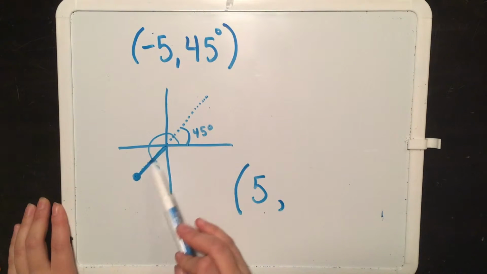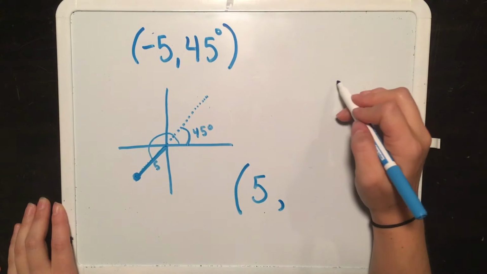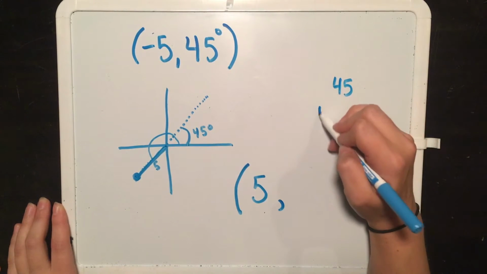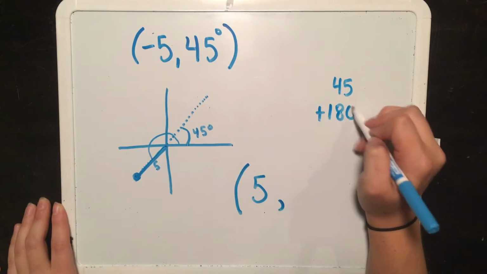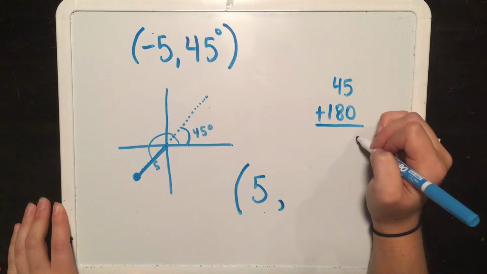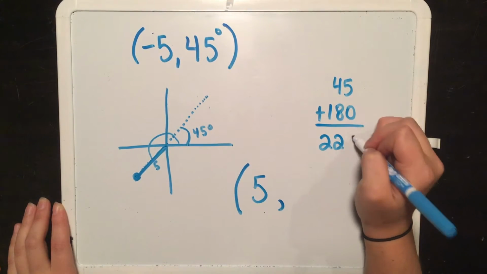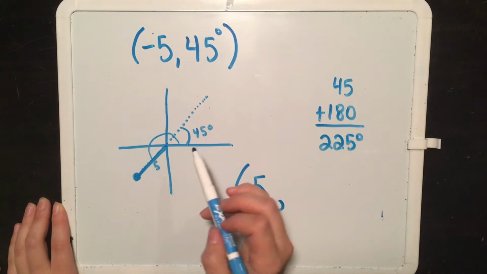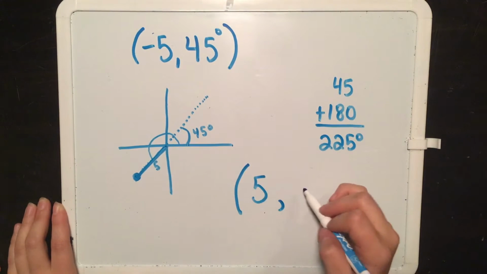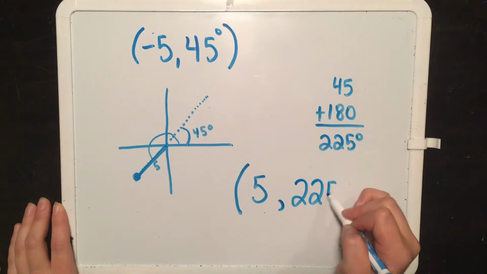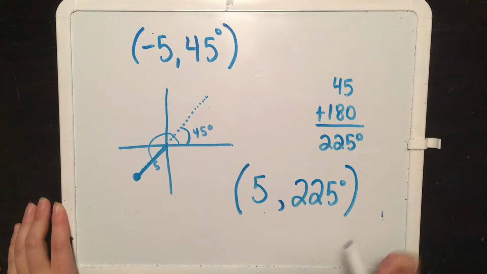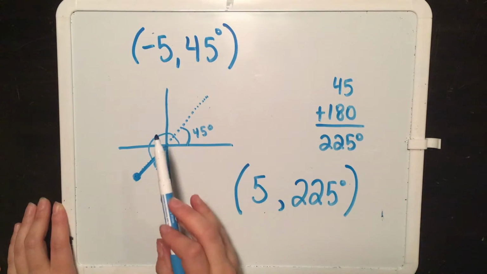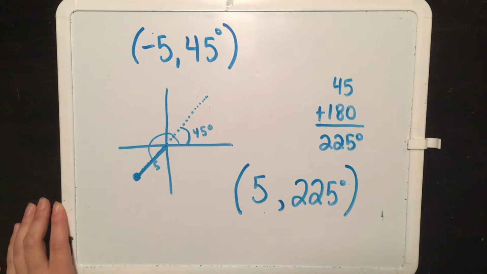So in order to find this angle here, all we have to do is take 45 and add 180. And that will give us 225 degrees with a positive radius. That's our coterminal coordinate to -5, 45 degrees.